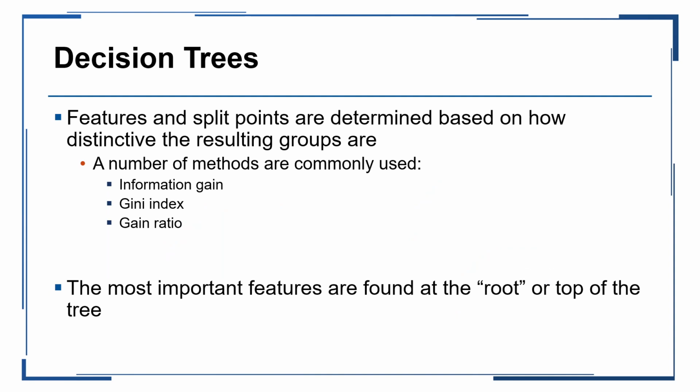There are different methods that can be used to determine how the tree is formed and how features are selected and split. While not quite as interpretable as linear regression, decision trees do place more important predictors near the top, or the root, of the tree.